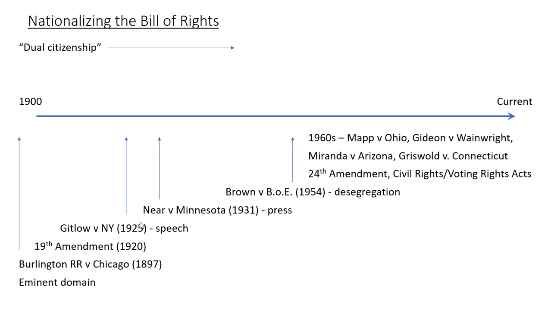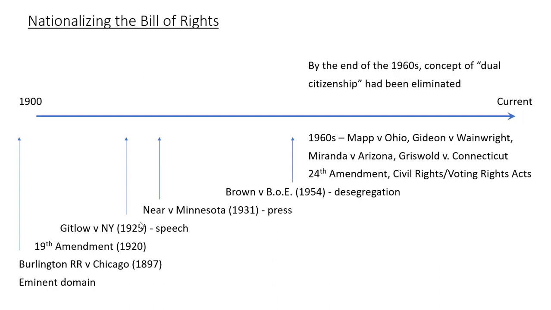So what we see here is that on a case by case basis, it took us several decades, but by the time we got into the 70s, this concept of dual citizenship had pretty much been eliminated. Nobody even really considers that today. Nobody considers themselves, oh, I'm a citizen of New Jersey as well as the United States. Nobody really thinks that way anymore.